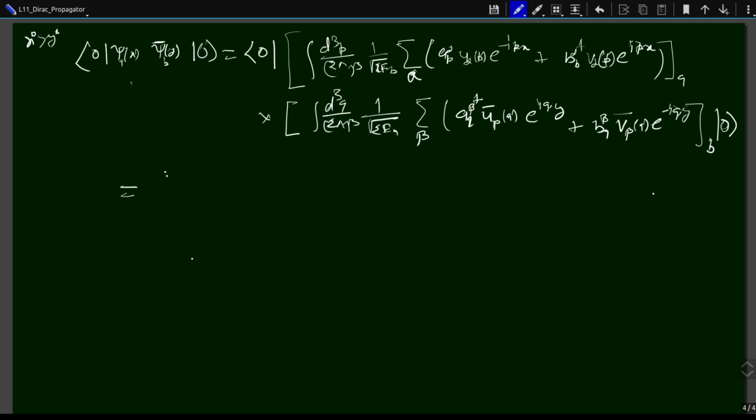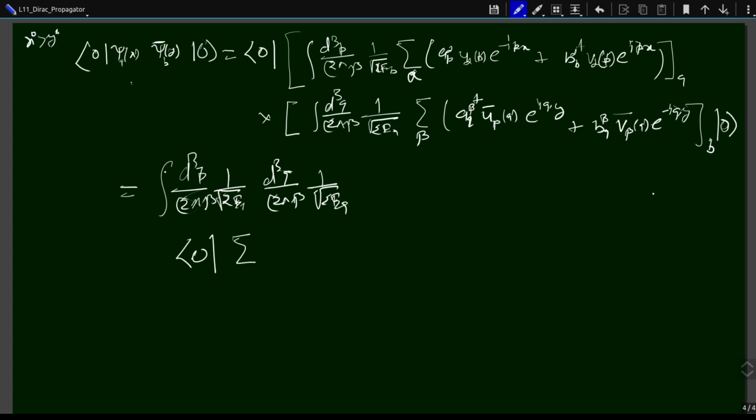Maybe summation I'll keep inside. So d3p by (2 pi) cubed, 1 by square root of twice E p, d3q by (2 pi) cubed, 1 by square root of twice E q. Okay, and then the vacuum, summation over alpha beta.